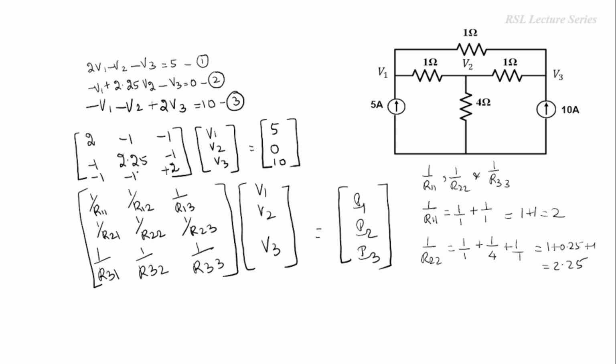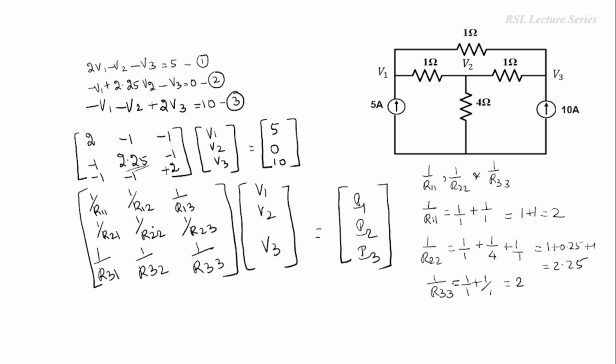And similarly for the third node, we have two resistors connected together, 1 ohm and another 1 ohm. So if we take the reciprocals, 1 by 1 plus 1 by 1, this will be equal to 2. So the diagonal elements are the sum of the reciprocals of the resistors connected to the individual nodes.